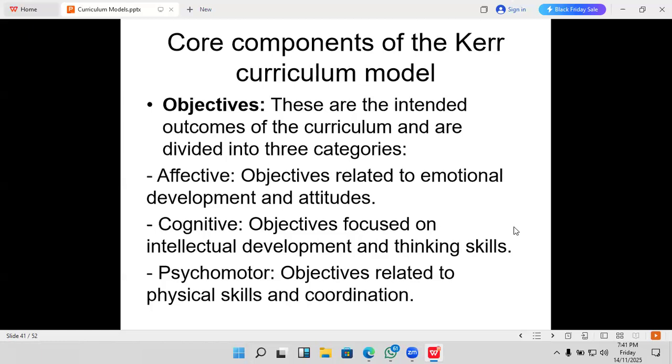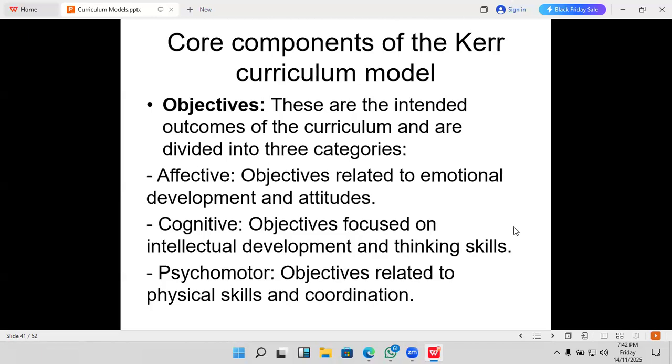Here, one improvement we can see is cognitive development, not memorizing the facts, not acquiring knowledge, but intellectual development and thinking skills. Then we can see the development in curriculum from psychomotor objectives.